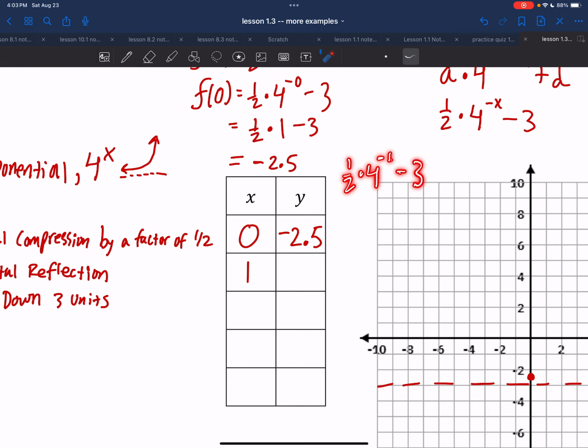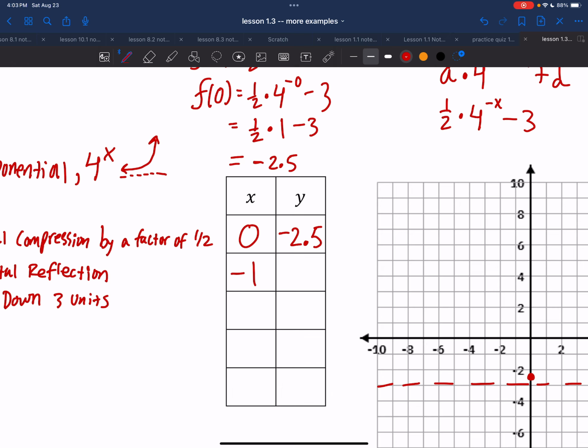Well, 4 to the -1 is actually a fraction, 1/4. So now you're doing 1/2 times 1/4, that's 1/8, minus 3. That's like -2 and 7/8. I don't like that, so I'm not going to pick 1. I could, but I'm not going to.